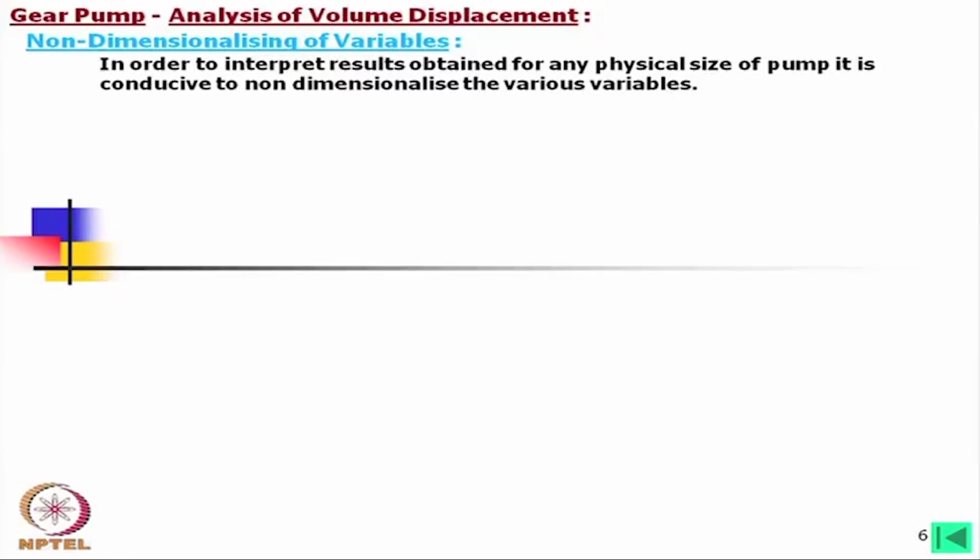This means that if we know the geometric shape of the teeth and the number of teeth, a few parameters should remain constant. Then, irrespective of the size, we can go for analysis.